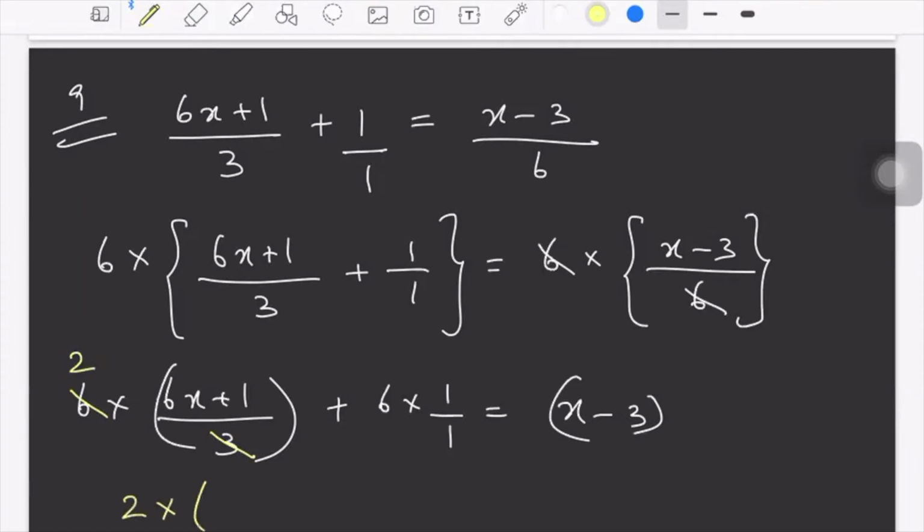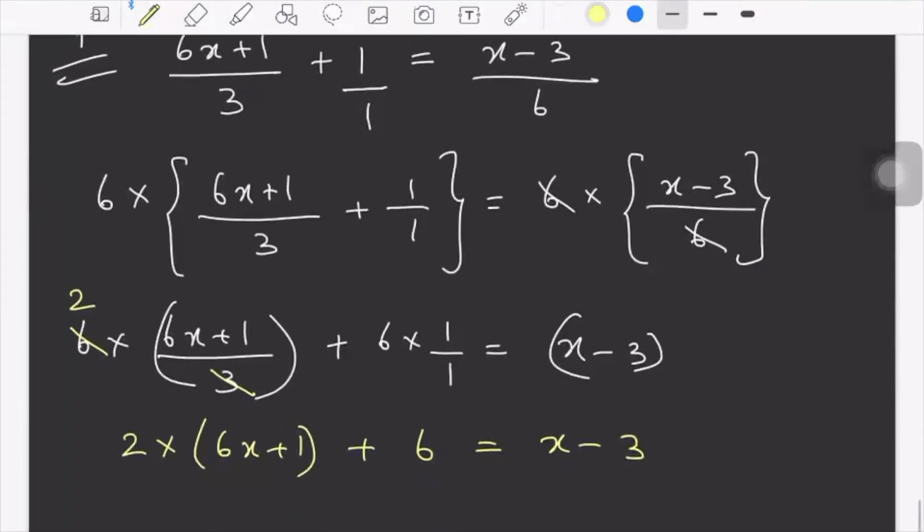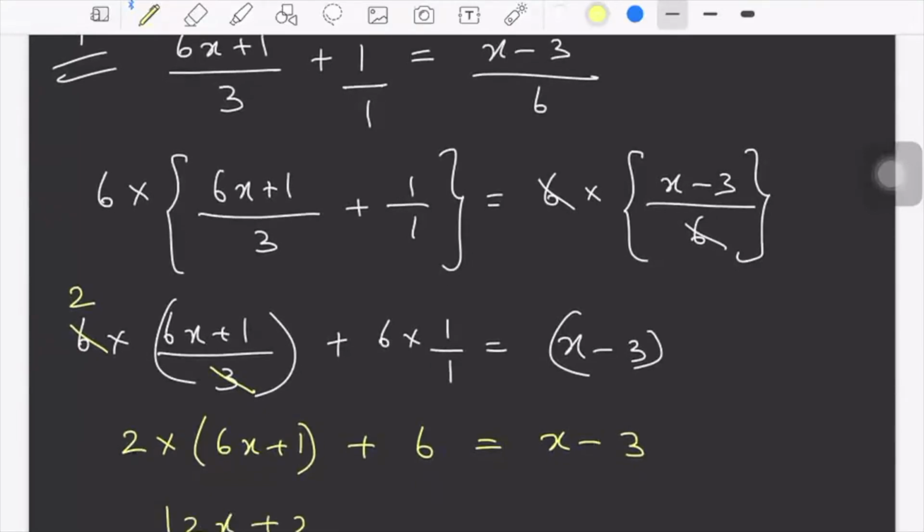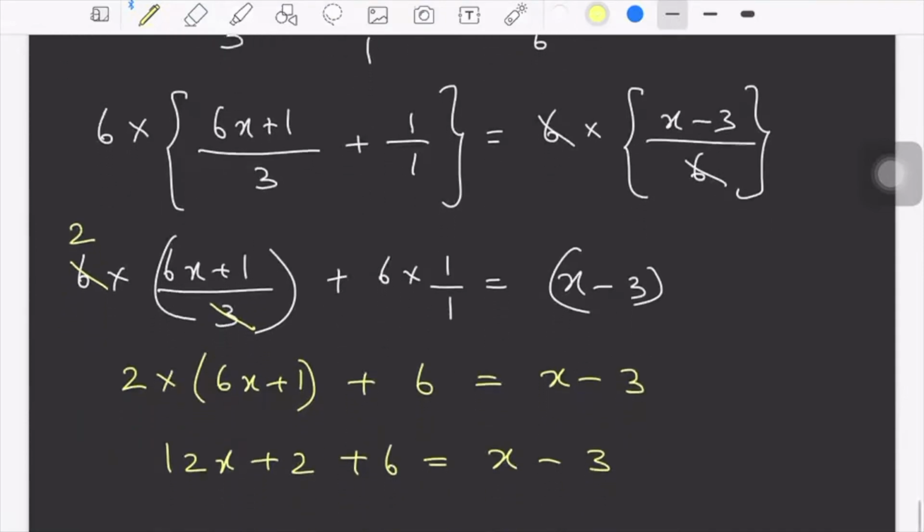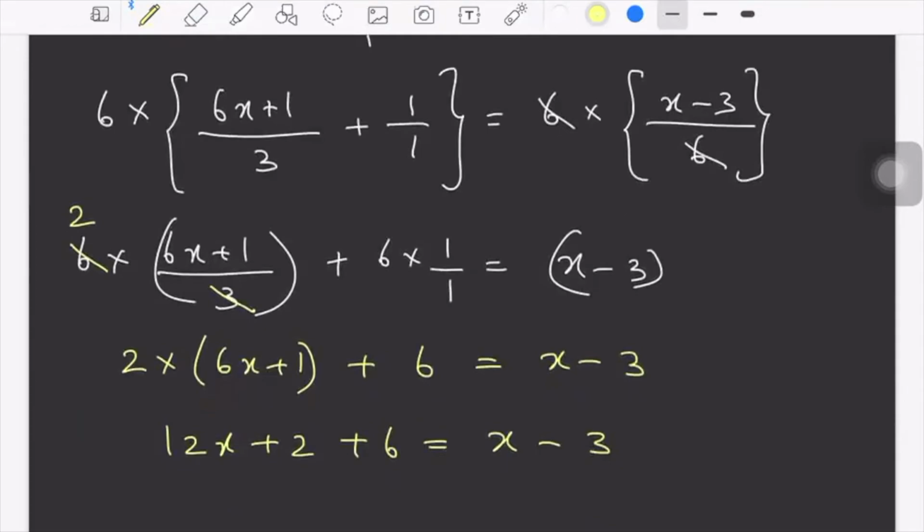So this is 2 into 6x plus 1 plus 6 is equal to x minus 3. So we have 12x plus 2 plus 6 is equal to x minus 3. So we have 12x plus 8 is equal to x minus 3.